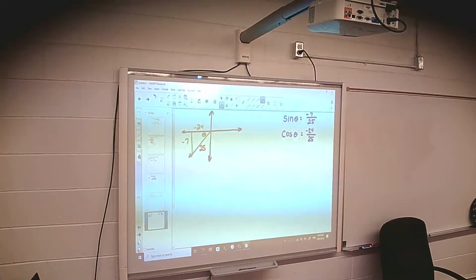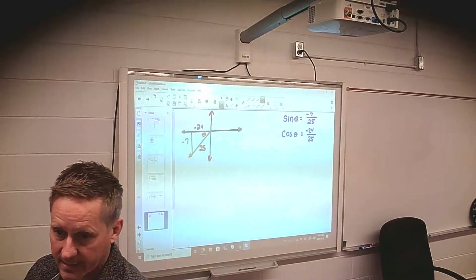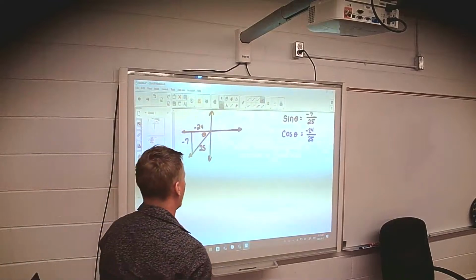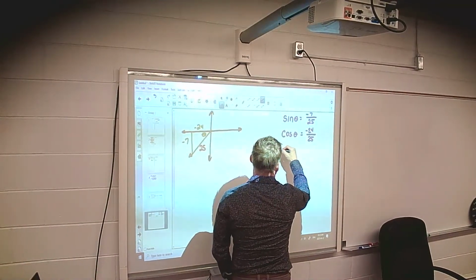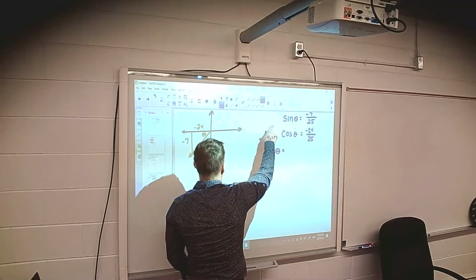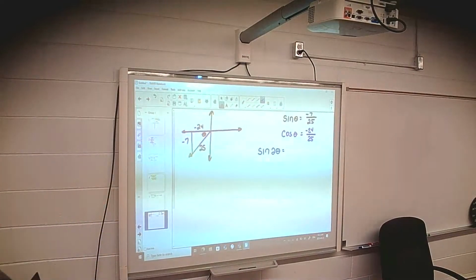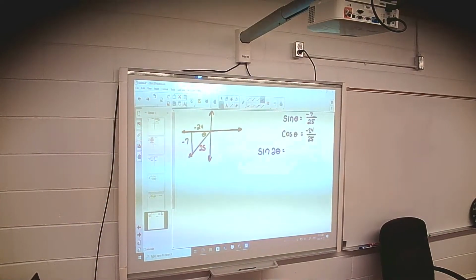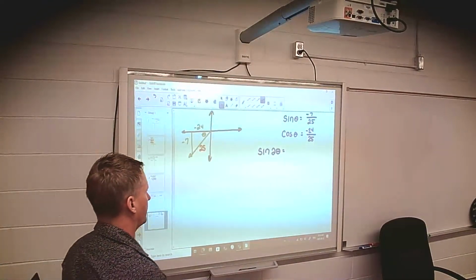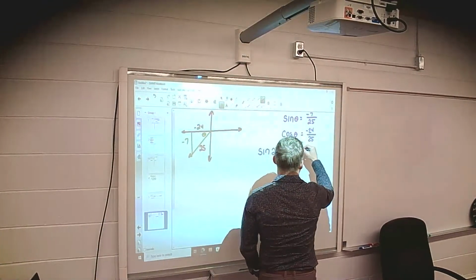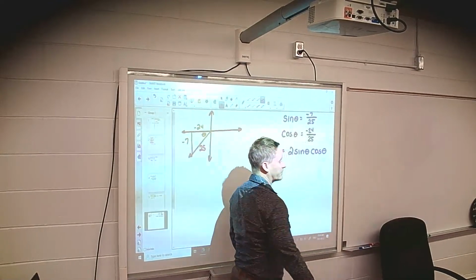Okay. Now, it says, find sine theta, sine 2 theta, cos 2 theta, tan 2 theta. So let's work with sine 2 theta first. I'll get you started. Now remember, that's cos theta, sine theta, and tan theta. I want sine 2 theta. So I have to convert that to my identity. So what is sine 2 theta? What's the identity? 2 sine theta cos theta. So I start with my identity.